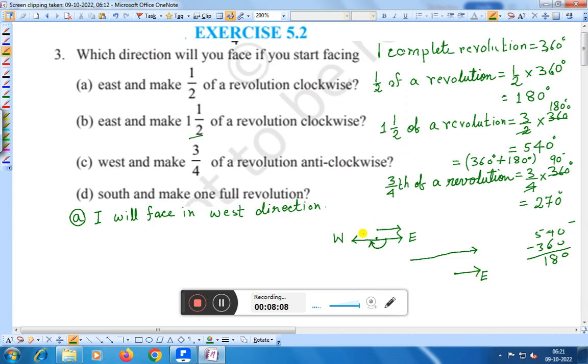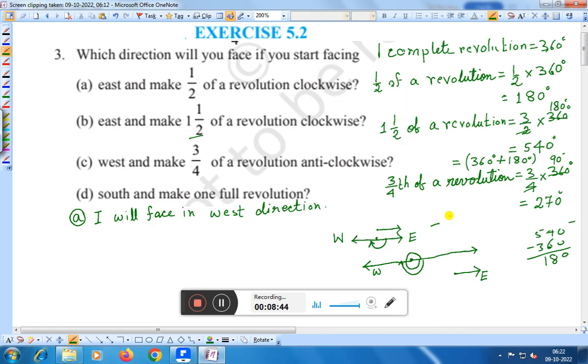What is the meaning of 360 degree? 360 degree means whole complete revolution, right? If you turn in this way clockwise, it is 360 degree. And again 360 plus 180 degree, again I am going 180 degree like this. That means it will be west, right?